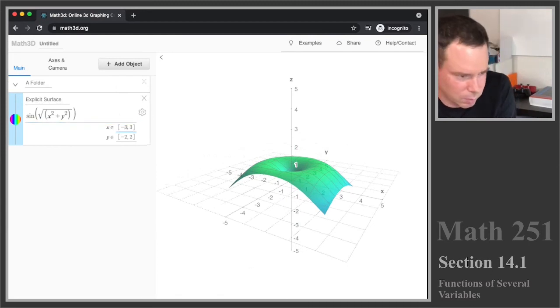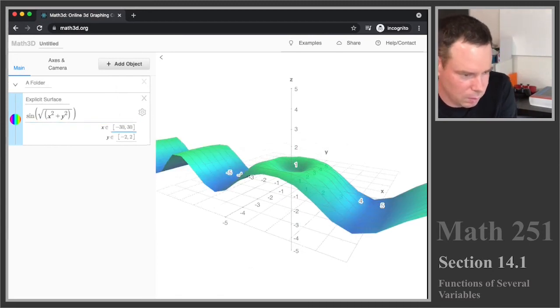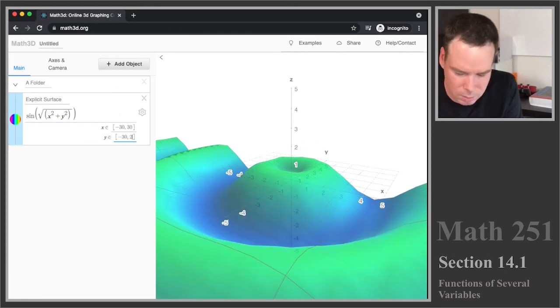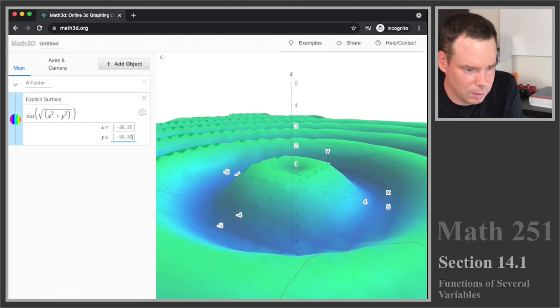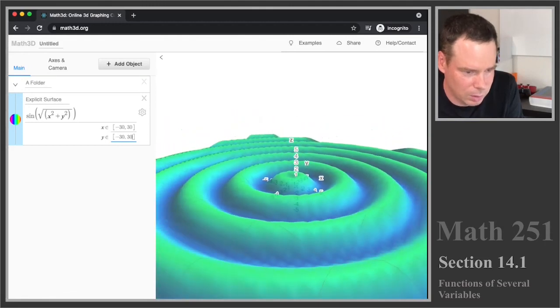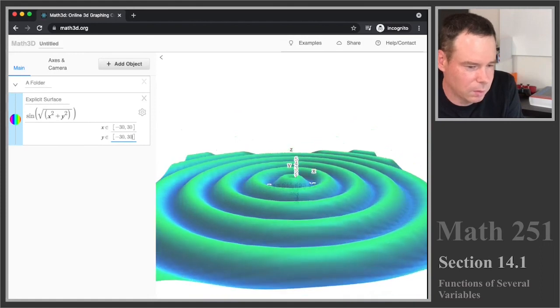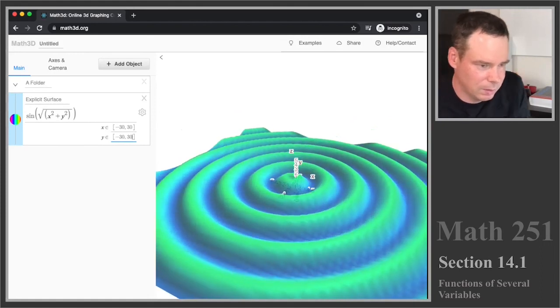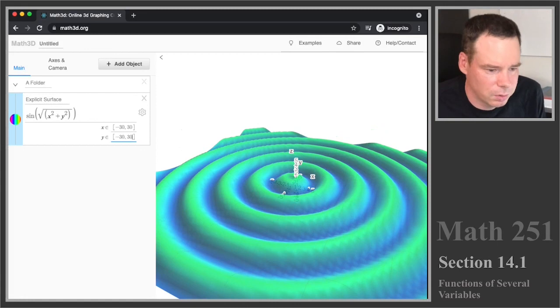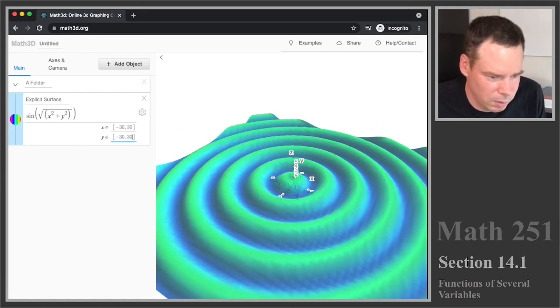Maybe I'll go out to 30 and 30 and 30 and 30. And now we get that rippling effect that we expected. And so there's our corresponding object, and we can see that the level curves are circles. And there's one on the inner portion of one of these mounds, and then another one on the outer portion, and so on all the way down.